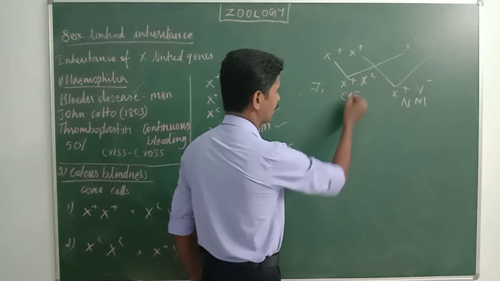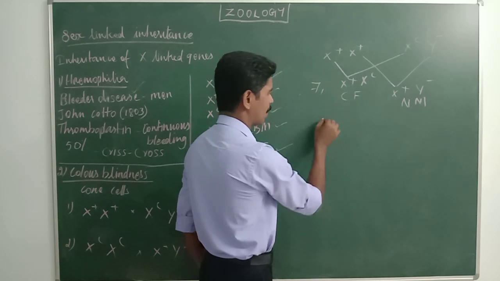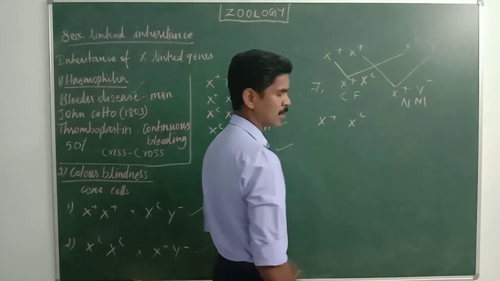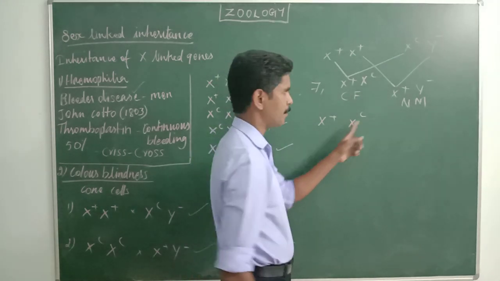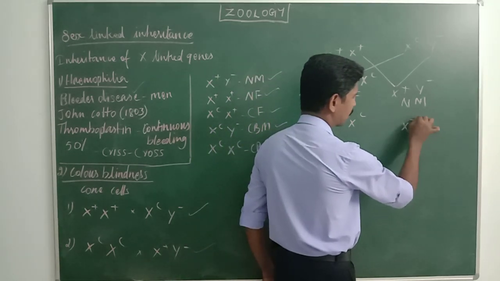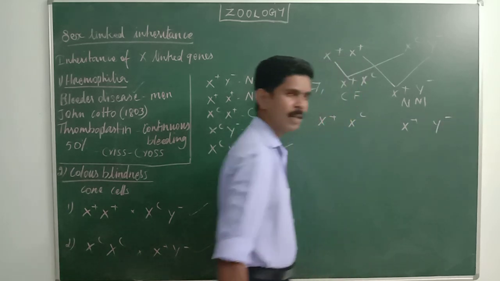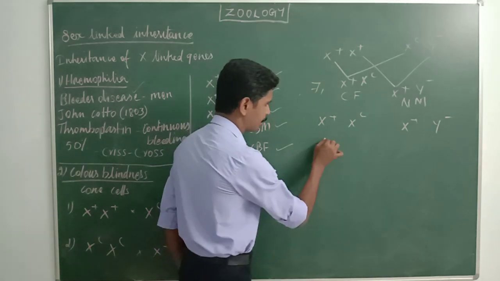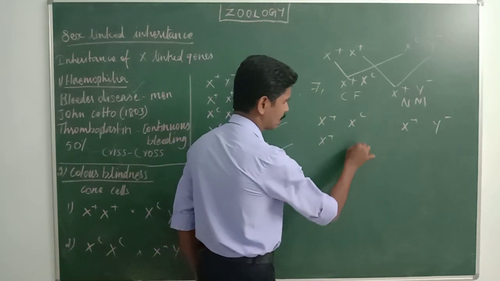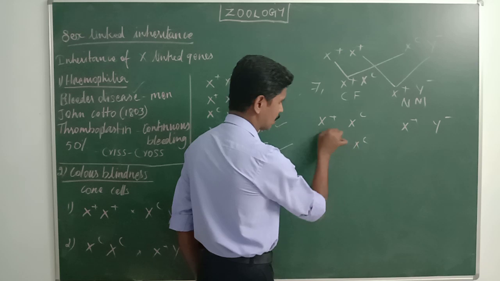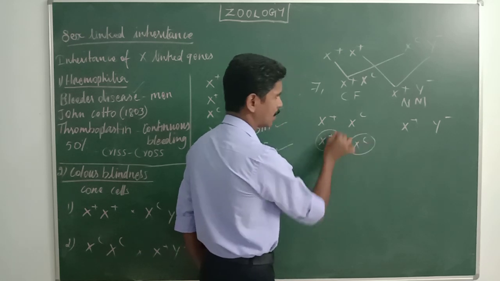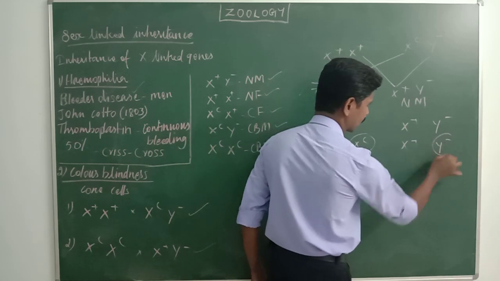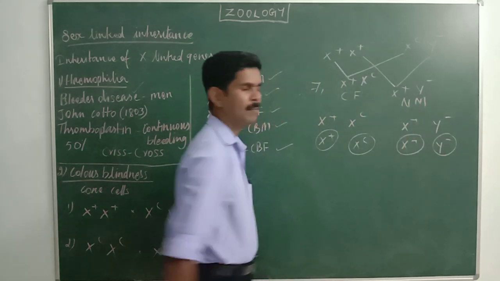First you write the carrier female's gametes, X plus and XC, and X plus and Y minus are the gametes of the normal male.